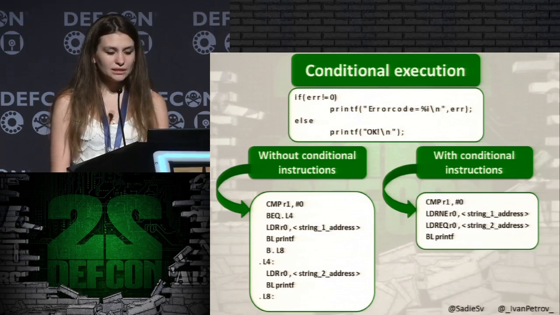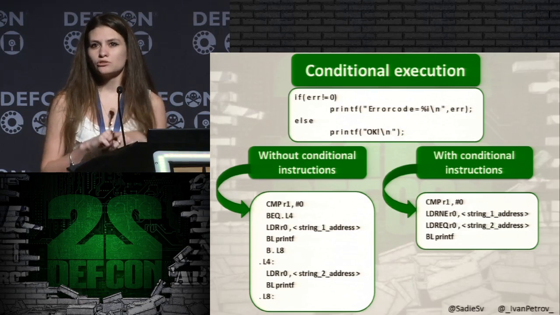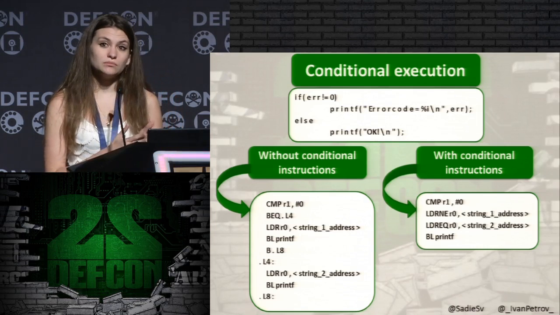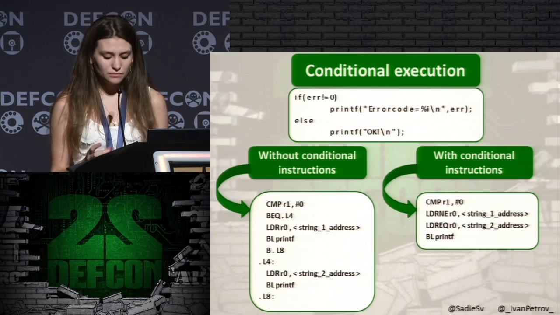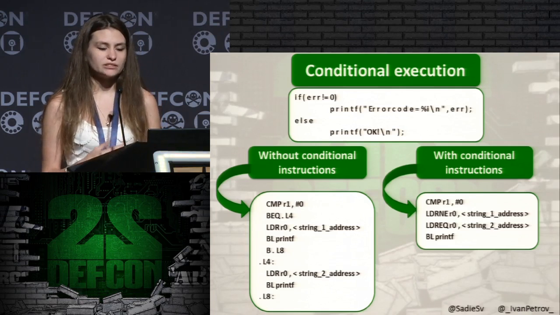So here is a simple example of conditional execution. First of all, conditional execution was used in embedded systems for compaction of programs, because in embedded systems, size and memory limitations are really critical.